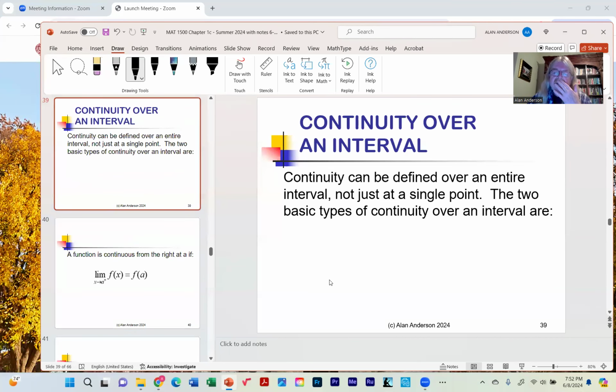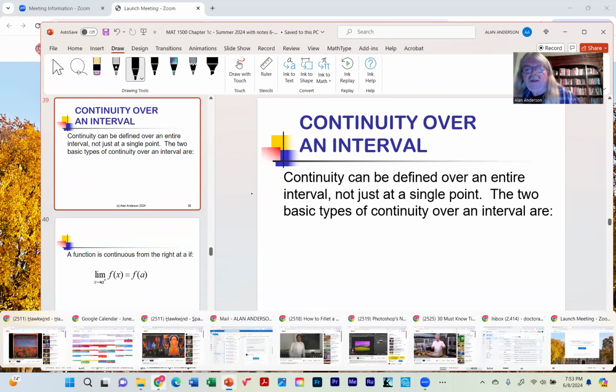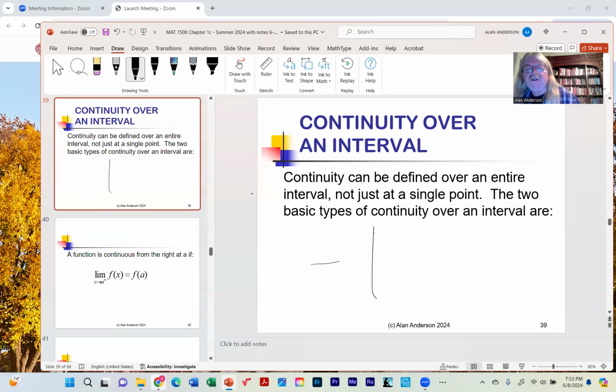So maybe, for example, we have a function that looks like this. But for whatever purpose we are using it for, the relevant range is from, let's say, here to here.